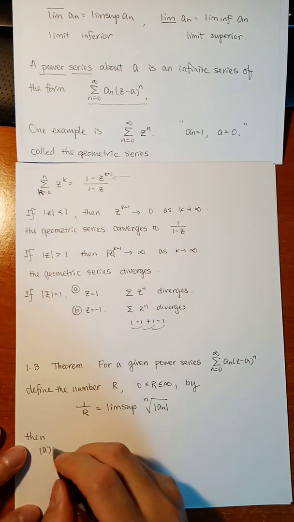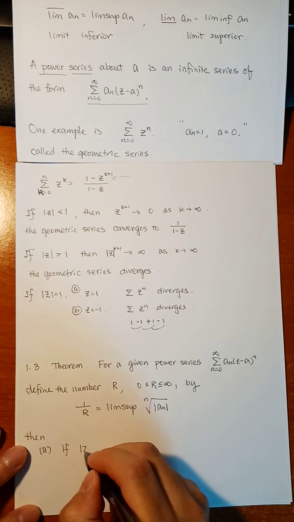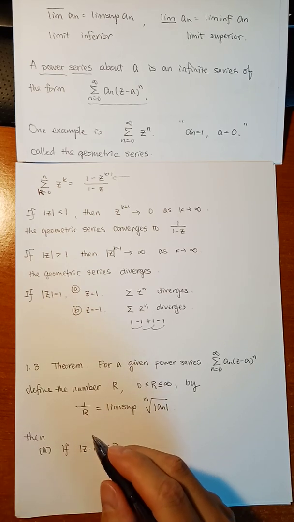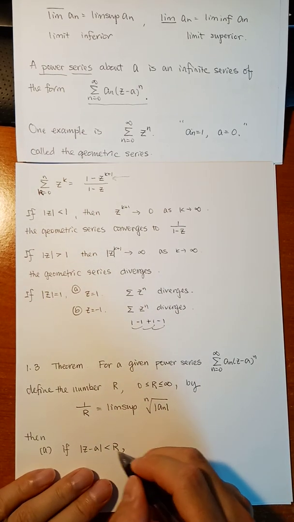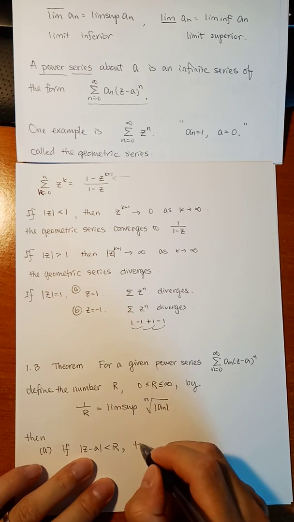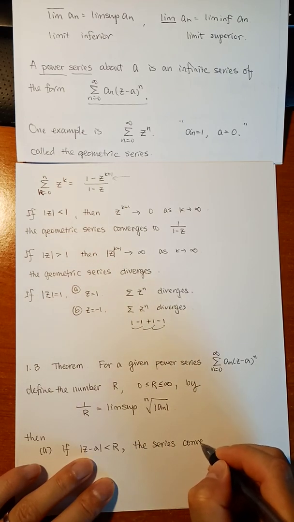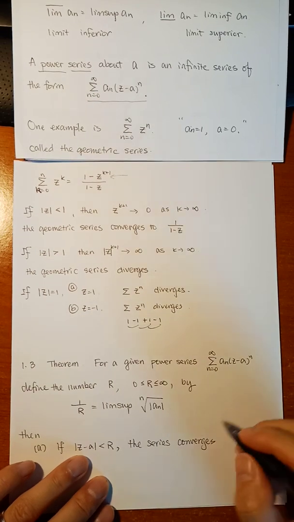the conclusions. One: if the absolute value of z minus a is less than R, the series converges absolutely.